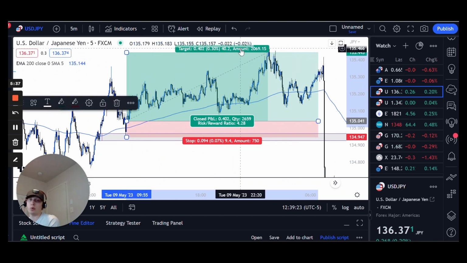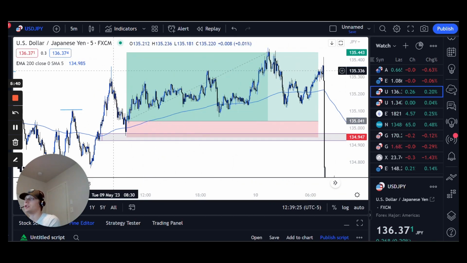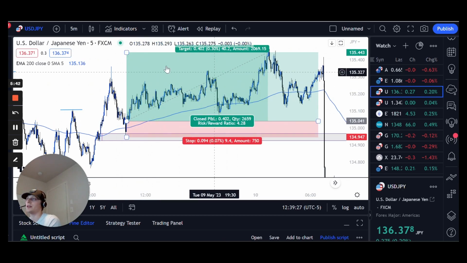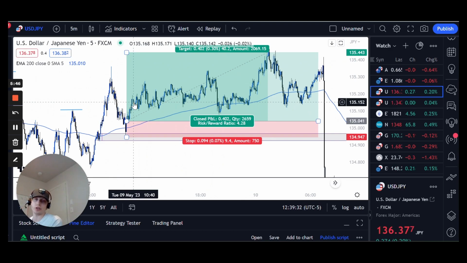Technically, it went 40 pips. So you could have gotten in here and just rode this and never even hit break even. You could have put your position at break even once it went 1-to-1, which is what I recommend. Don't put your position at break even before it's the 1-to-1.